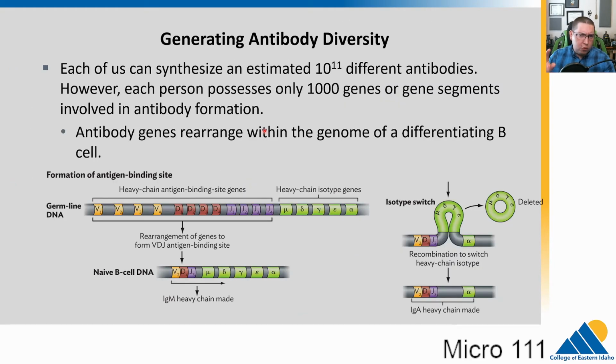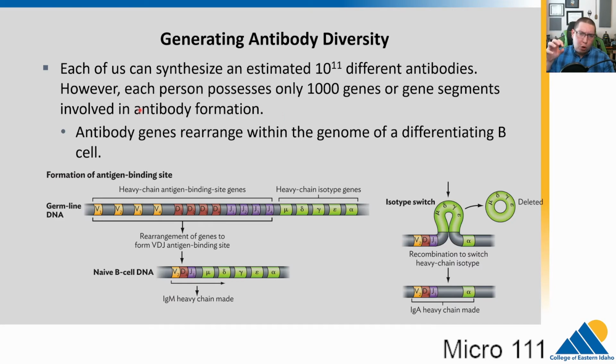So this is where things get weird. We've talked about the genome as if it stays the same, right? Maybe occasionally there's a mutation or something. In B cells, weird things happen in the genome. There are an estimated 10 to the 11th, so that's 1 with 11 zeros, different types of antibodies that we can make.